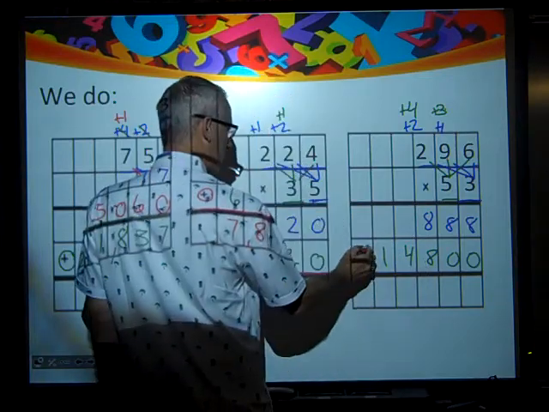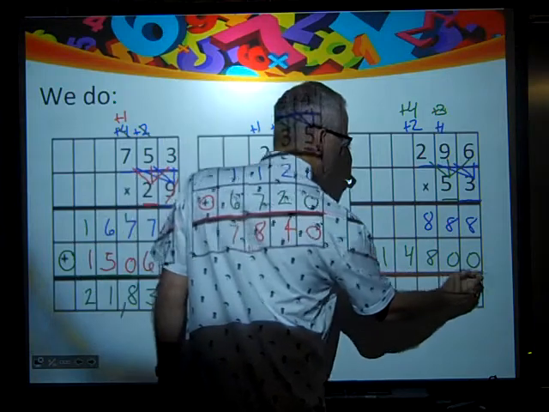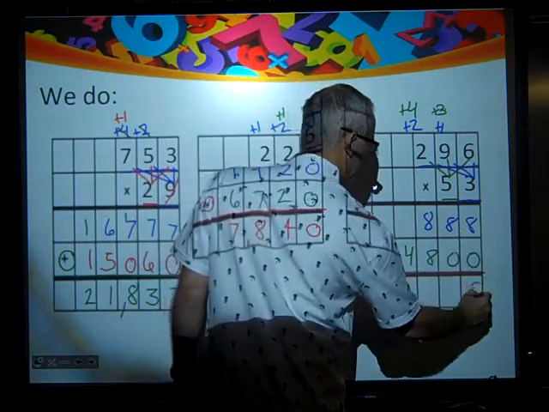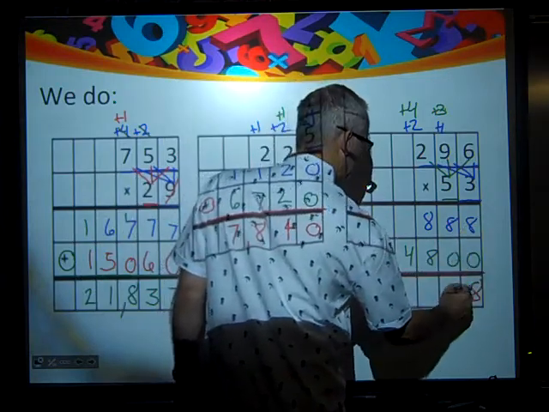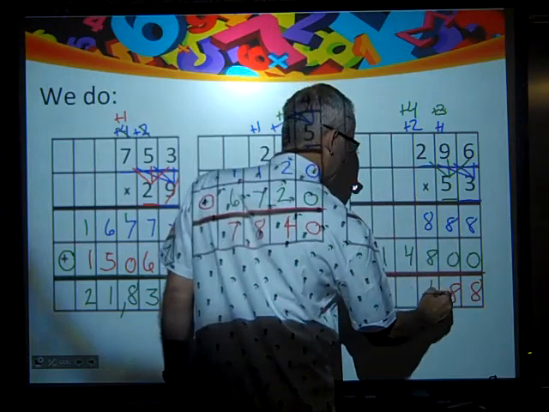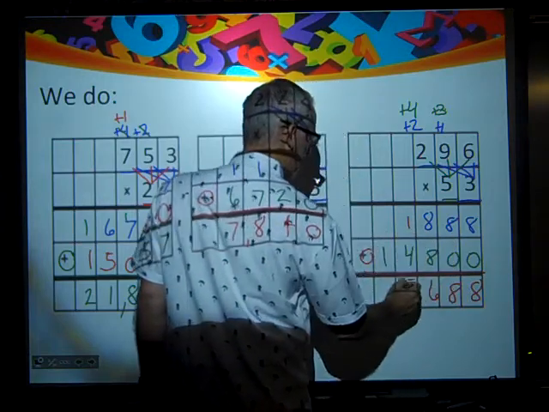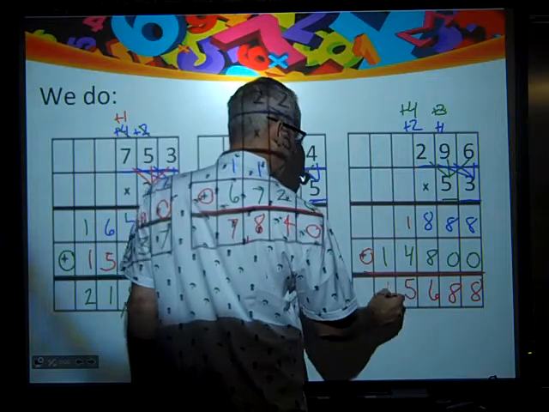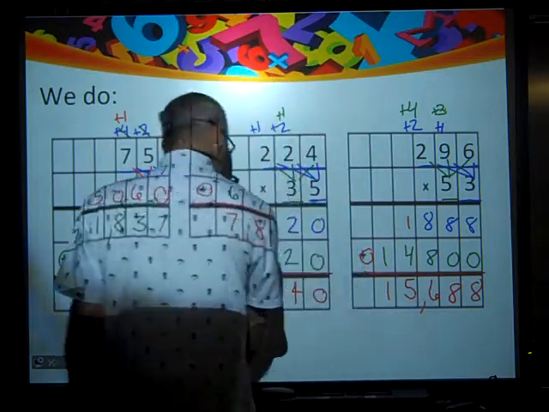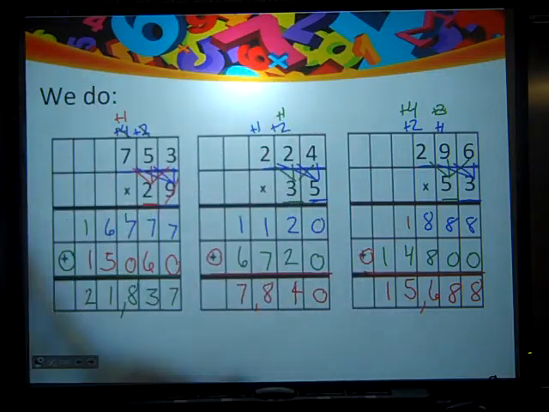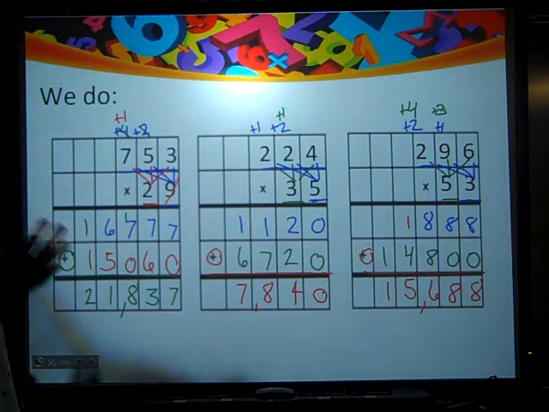Last but not least, I add up my products. 8 plus 0 is 8, 8 plus 0 is 8, 8 plus 8, 16, carry the 1, 1 plus 4 is 5, 1 plus 0 is 1, 15,688.